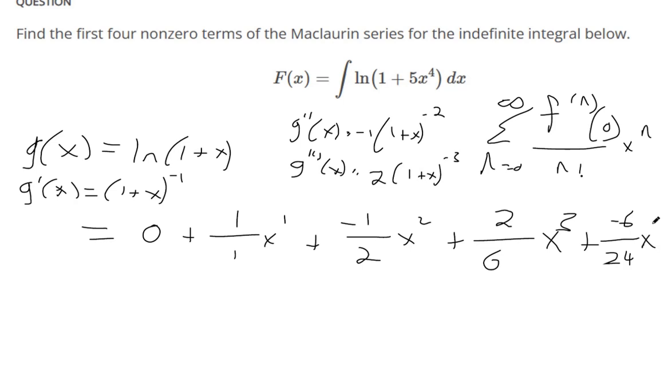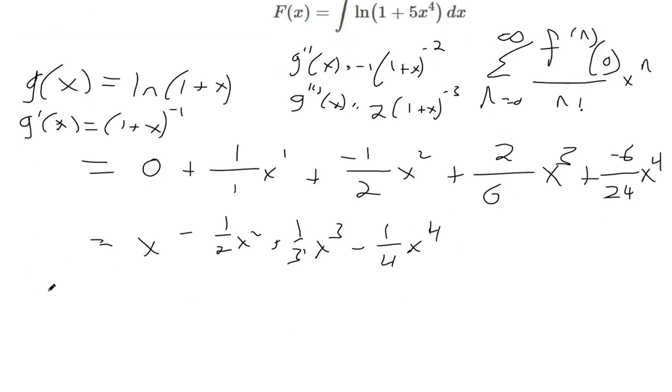That's x to the fourth. Cleaning that up a bit, that's x minus 1/2 x squared plus 1/3 x to the third minus 1/4 x to the fourth. And so that's for g of x.